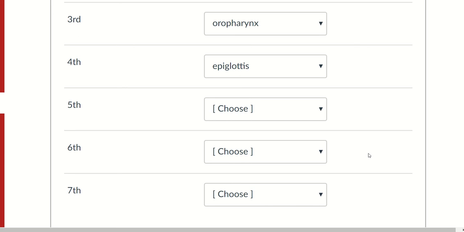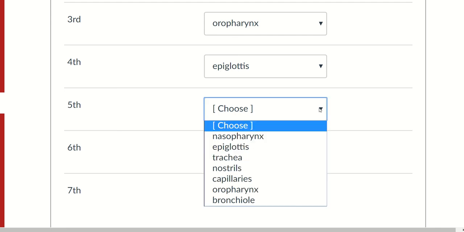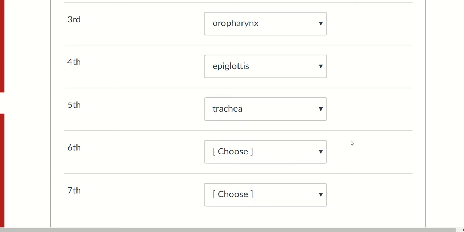Your vocal cords are the glottis, so the epiglottis is above your vocal cords. It closes off the airway when you swallow. So when you breathe in, it has to be open. Then we enter into the trachea, which is your windpipe.